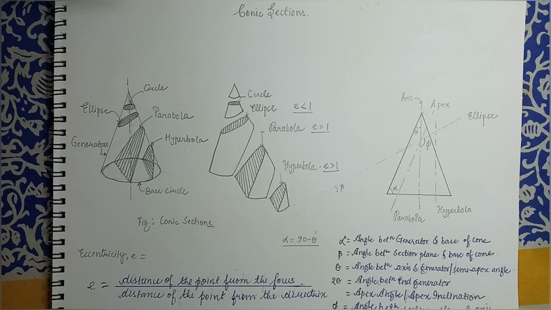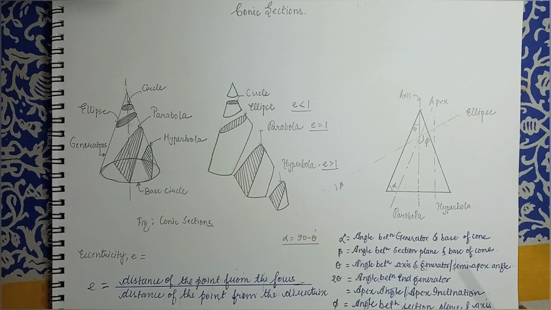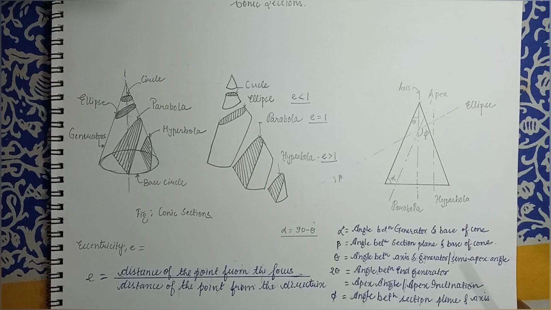So the ratio of the distance of the point from the focus to the distance of the point from the directrix is called eccentricity. Eccentricity is denoted by small e, that is, the distance of the point from the focus, the fixed point, to the distance of the point from the directrix, also called the fixed line.